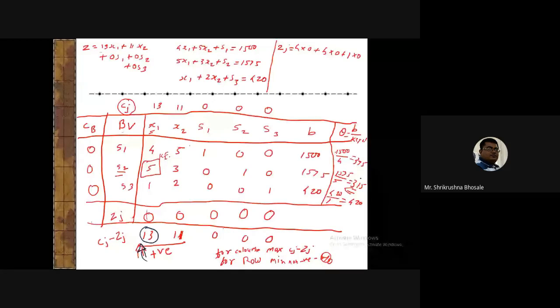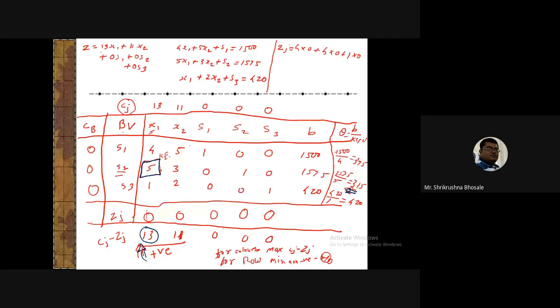So this is the minimum value. For column selection, we take the largest positive value. For row selection, we take the minimum value. Once you identify the key row and key column, the cross section of the key column and key row indicates the key element. So this particular 5 is the key element.